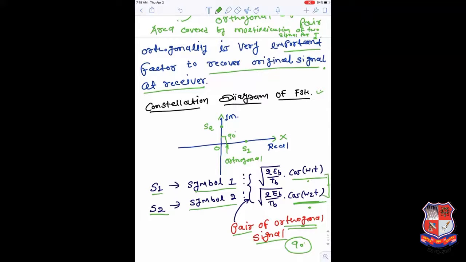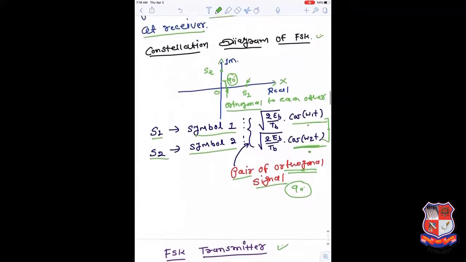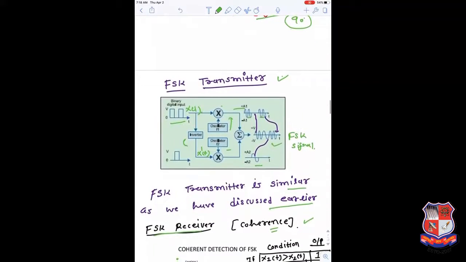So if one can be represented on the real axis, the second can be represented on the imaginary axis, so that the 90-degree angle is maintained. And this 90-degree angle represents that these two constellation points S1 and S2 are orthogonal to each other. So this is the constellation diagram of the FSK signal.